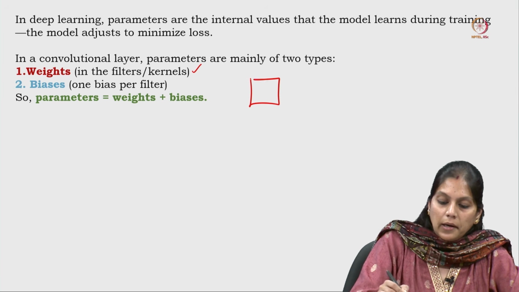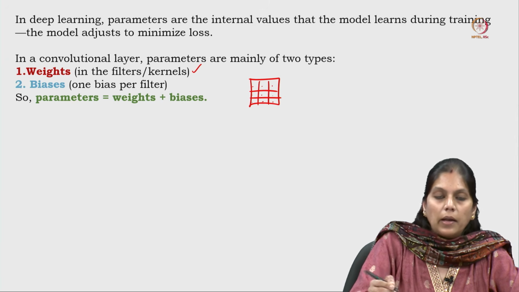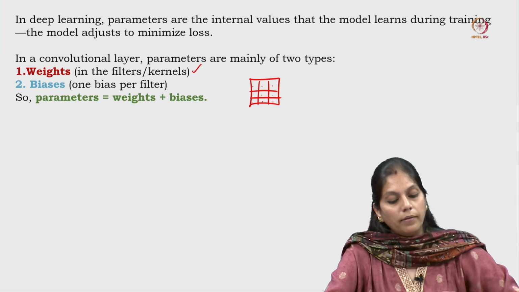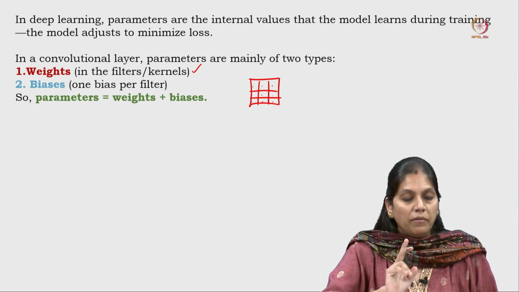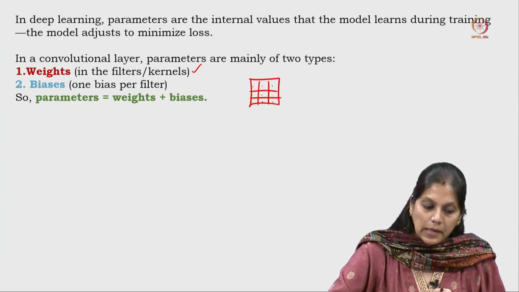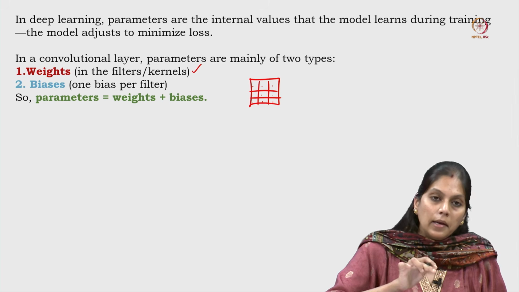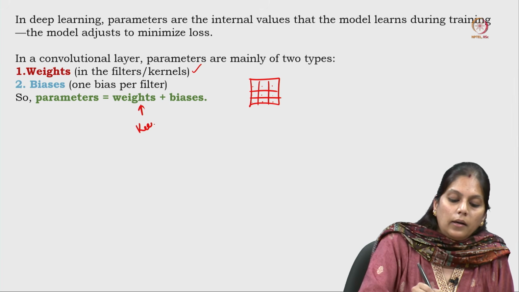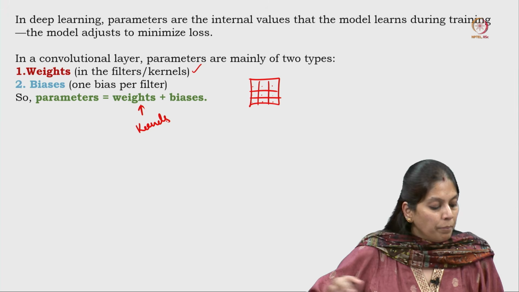When we consider a 3 cross 3 kernel, there will be values in it. Each of these values is nothing but a weight, and then we have a bias per filter. So, the learnable parameters in CNN will once again be the weights and the bias. Here the weights are the kernels, and then the bias.